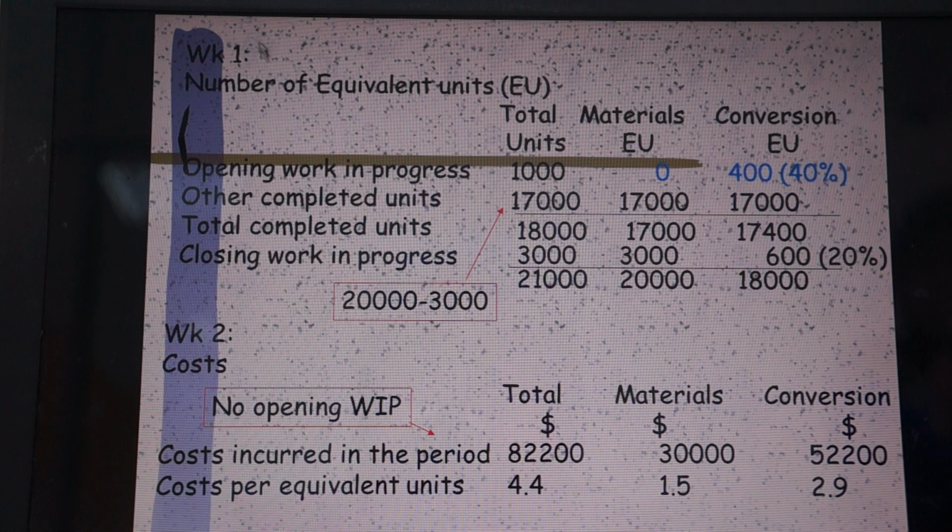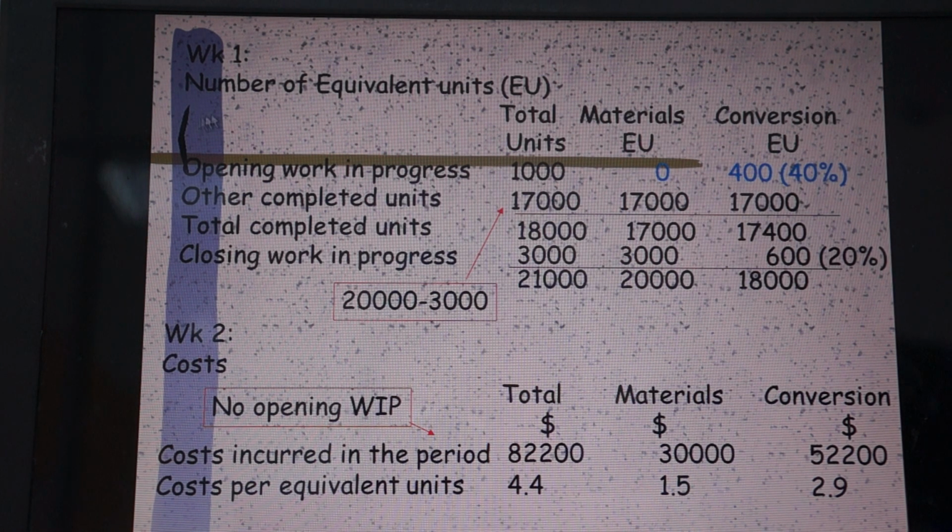Working number 1. Okay, number of equivalent unit. How to calculate number of equivalent unit? Okay, we have an opening work in progress 1,000 units. So material equivalent unit is 0. Why we put here 0? Because material for opening work in progress is 100% completed.